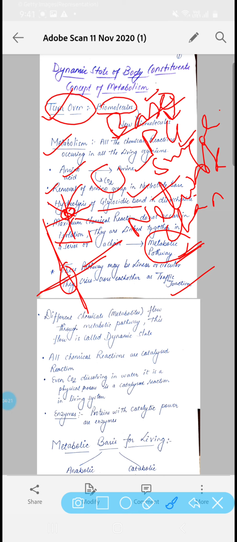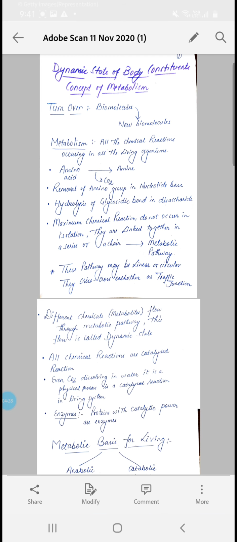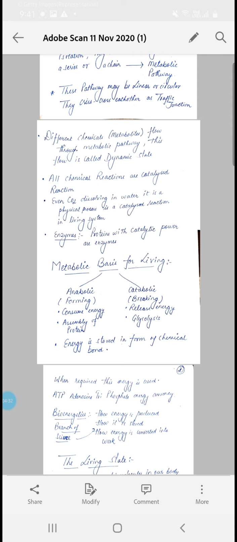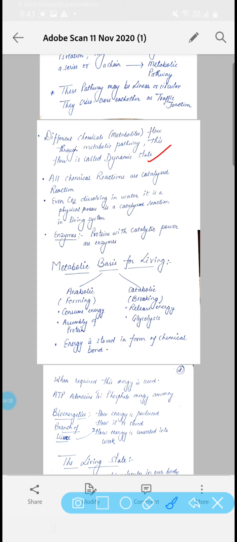That interlinking is termed as metabolic pathway. Clear? Now we come to the next part: different chemicals flow through the metabolic pathway, and this flow is called the dynamic state.